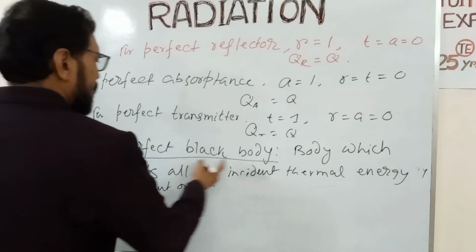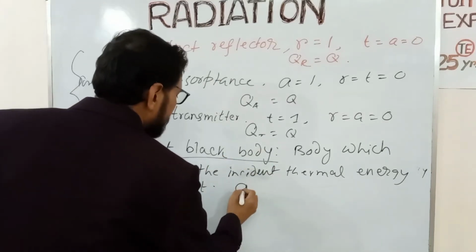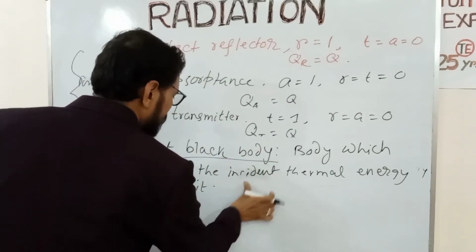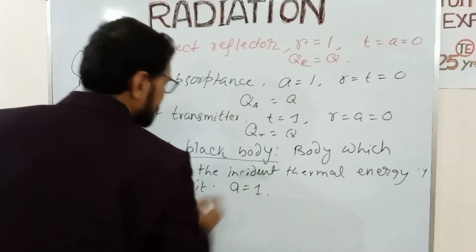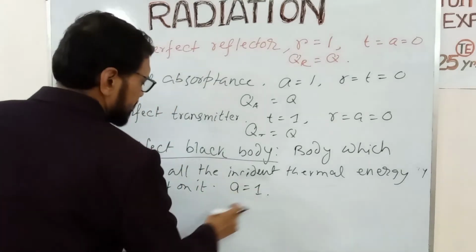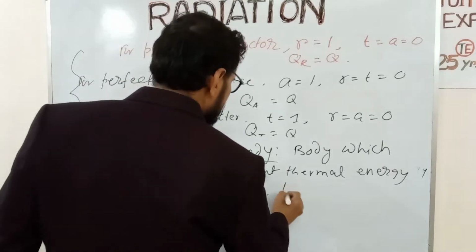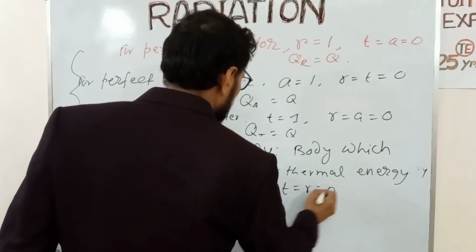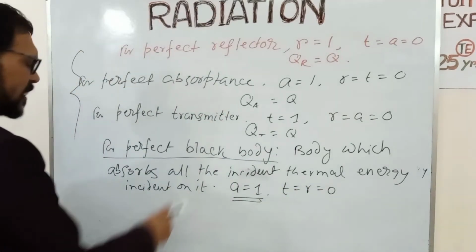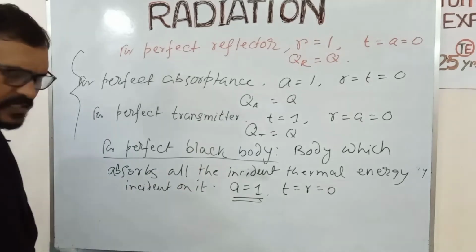So for a perfectly black body, the absorptance A equal to 1, that is T and R equal to 0, absorptance part is 1. This is a perfectly black body.